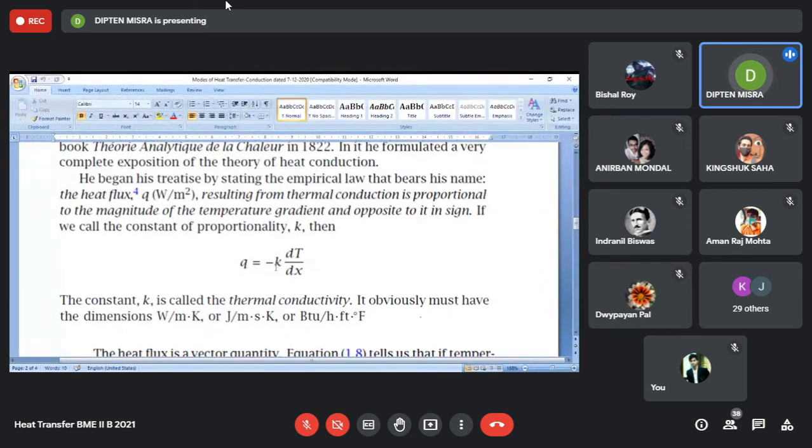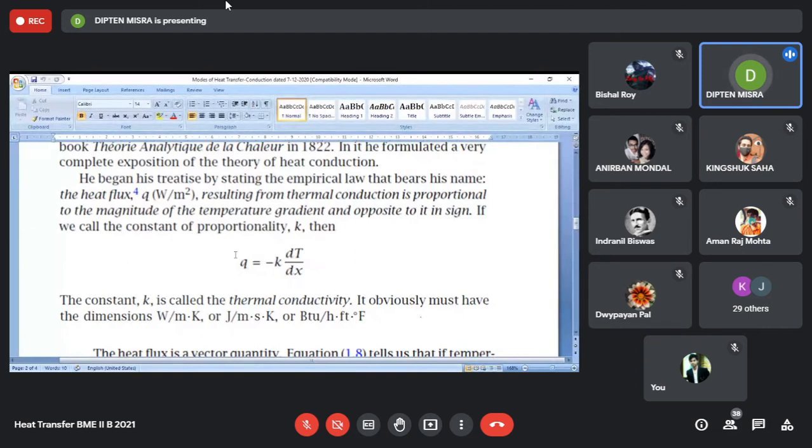That will be equal to the unit of heat flux divided by the unit of temperature gradient. Now the K value will have a unit of watt per meter square, that is the unit of heat flux, divided by Kelvin per meter or degree centigrade per meter. So this meter square and this per meter will cancel one meter.